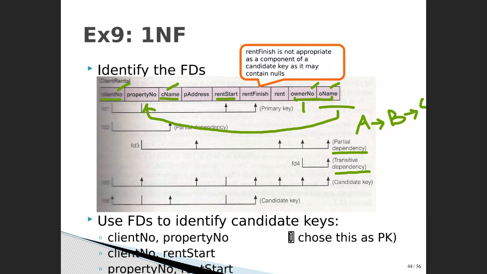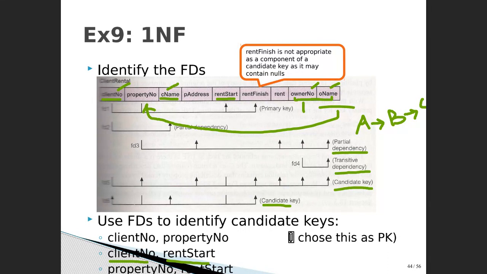So this can be counted as a candidate key, which identifies each tuple of the relation. Client number, rent start, this is a candidate key. Property number, rent start. So this is the most important data in this relation, right? When the client is viewing a property, he will be aware of the rent start, or there will be a date for the rent start.